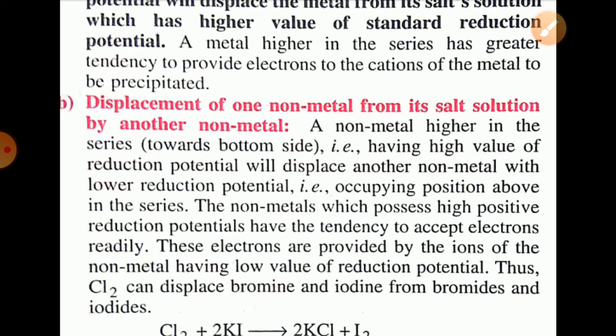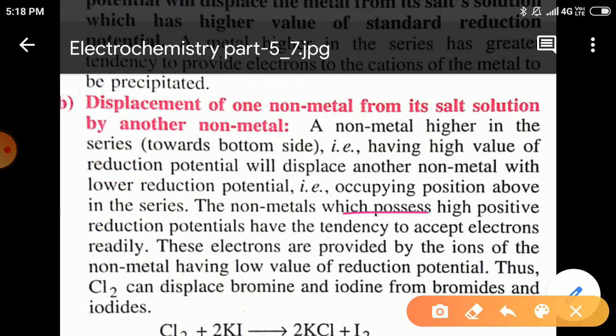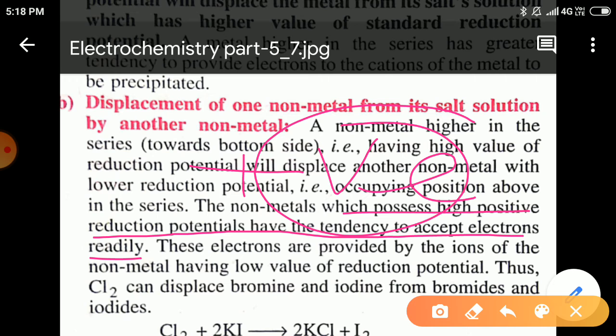The non-metal which possesses a high positive reduction potential has the tendency to accept electrons readily. So the tendency of oxidizing character depends upon electrode potential. The chemical species having a more positive value of reduction potential has more tendency to accept electrons and work as an oxidizing agent.